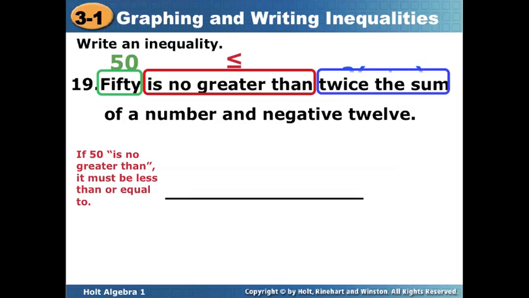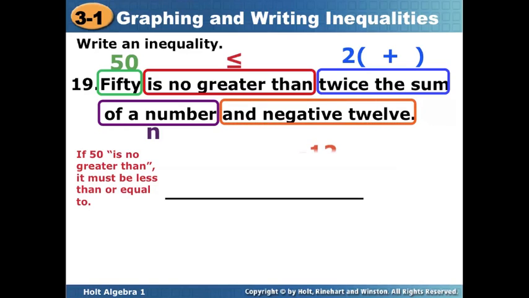Twice the sum, we need to show parentheses. 2 times parentheses the sum of a number and negative 12. So 50 is greater than or equal to 2 times the parentheses n plus negative 12. This answer would be incorrect without the parentheses. Also, because it tells us we want the sum of a number and negative 12, we will leave it as the sum of a number and negative 12. Do not simplify this and make it just n minus 12.